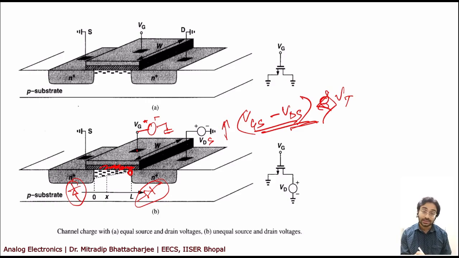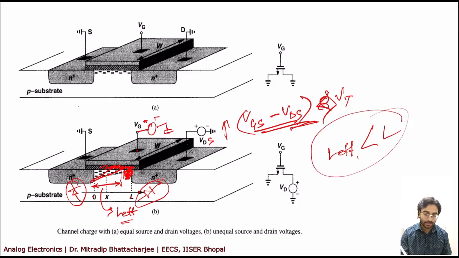Now if you are increasing it, this channel will start reducing. So whatever channel length L was there, now it will become L effective. Because your VDS value is higher, a depletion layer will start forming in this zone. So it will keep on reducing, so your L effective will be less than L.